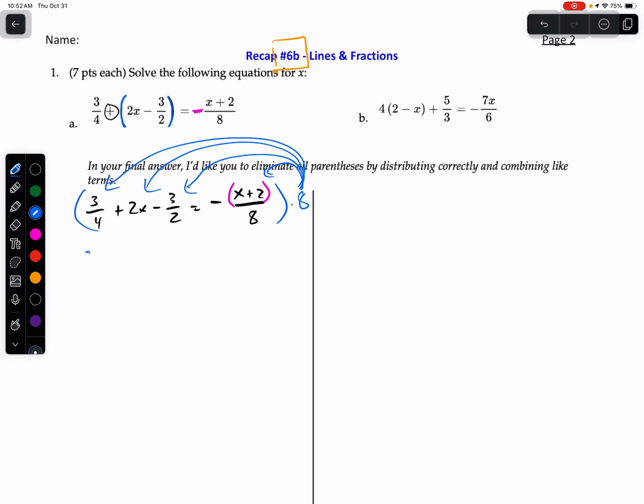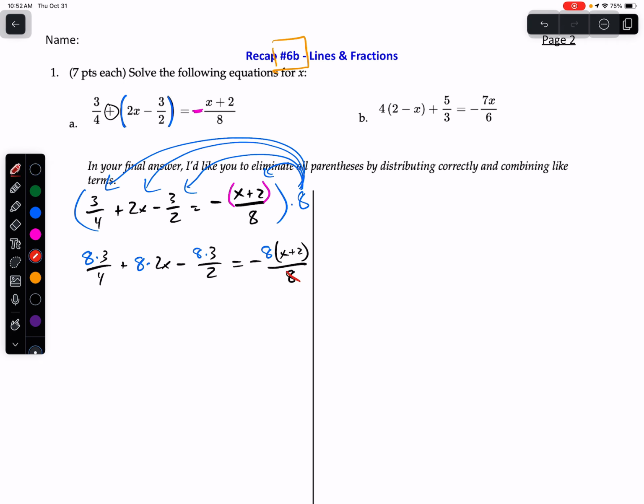So then you end up with 8 times 3 over 4 plus 8 times 2x minus 8 times 3 over 2 equals negative 8 times x plus 2 over 8.